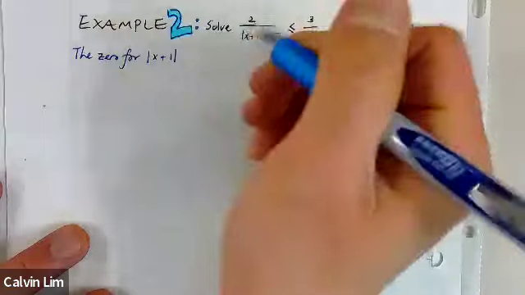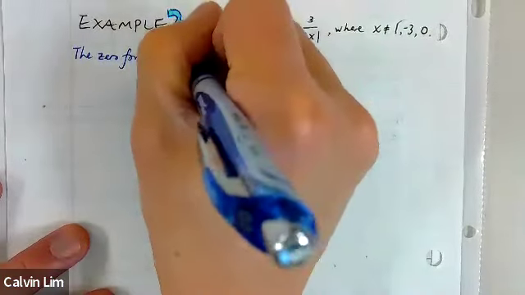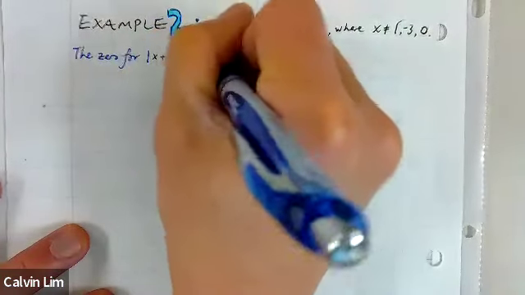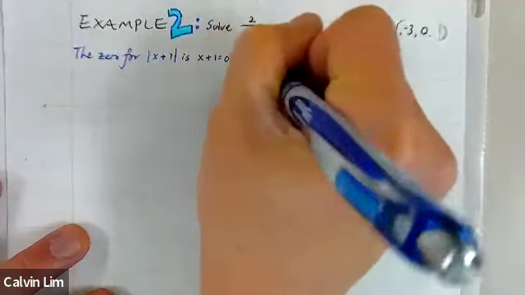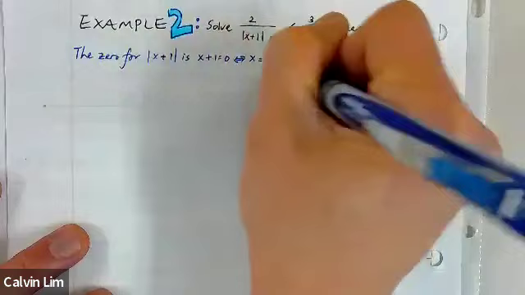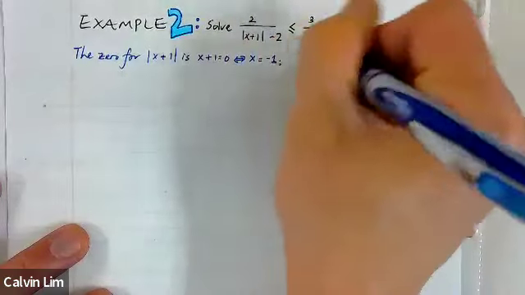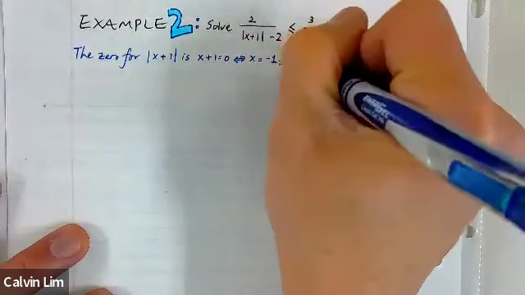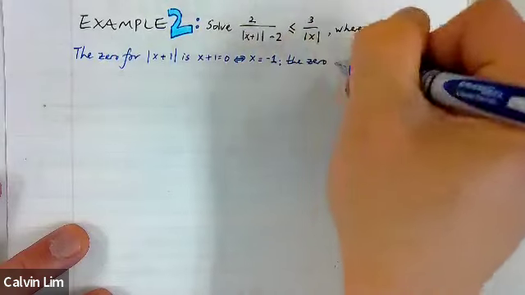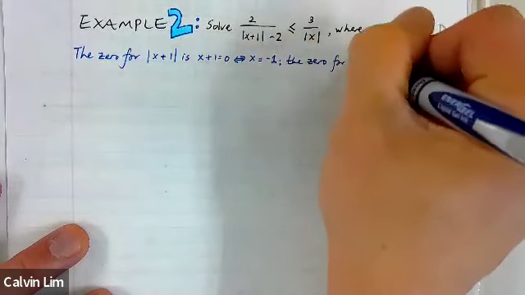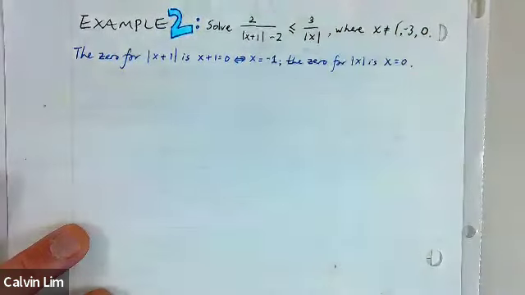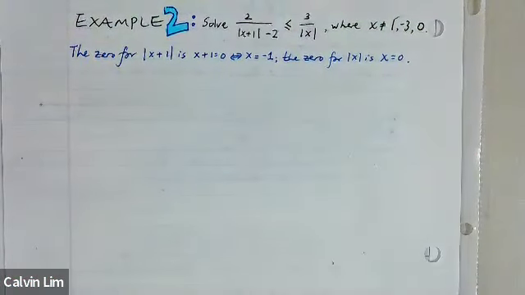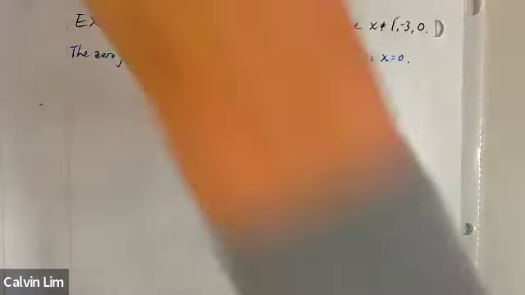The first one is absolute value of x plus 1, set x plus 1 to 0. Solving for x gives us x equals negative 1. And there's another absolute value expression, and the 0 for it is x equals 0.